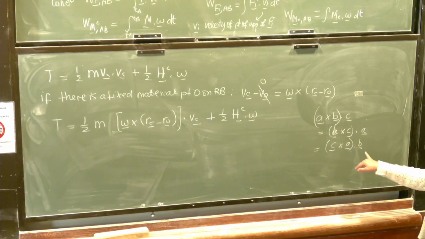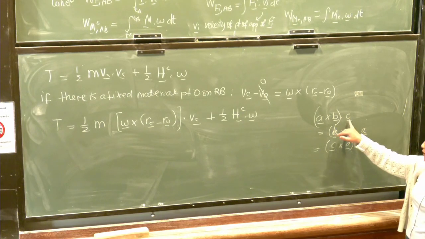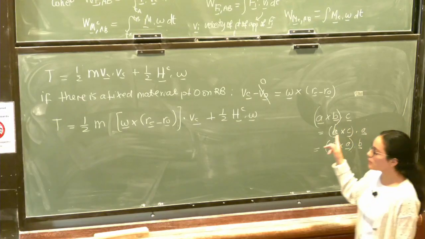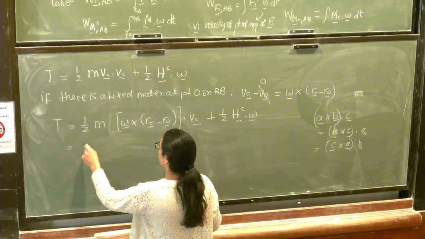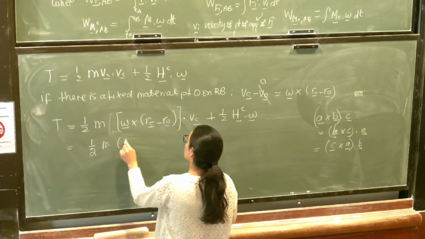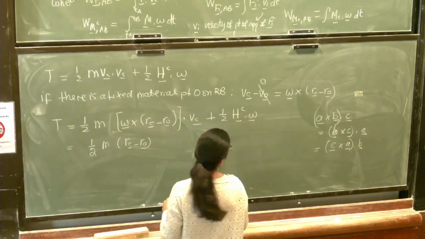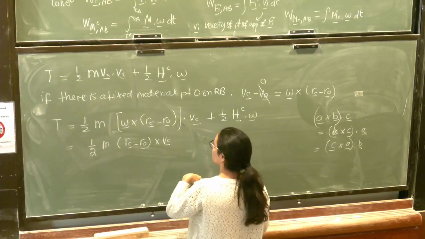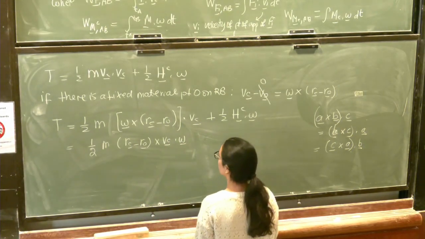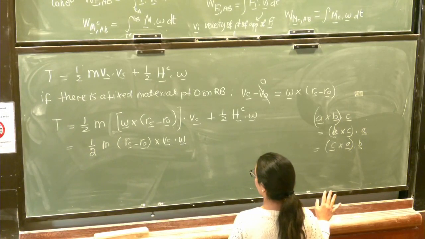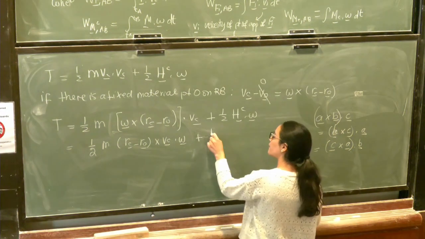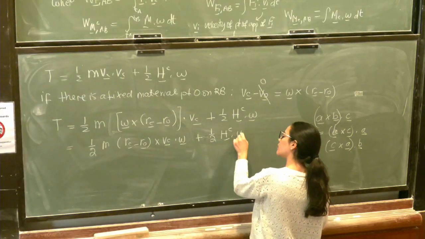So what I want is to get the omega outside. So that's going to be half M (RC minus RO) cross VC dot omega. There's something wrong, we'll figure it out. Plus half HC dot omega.